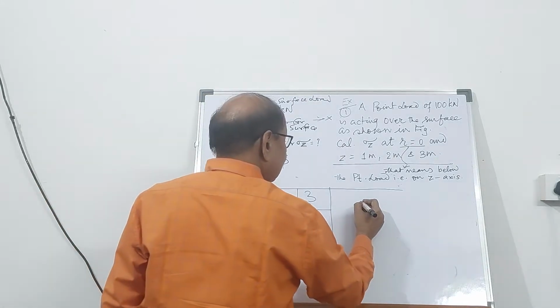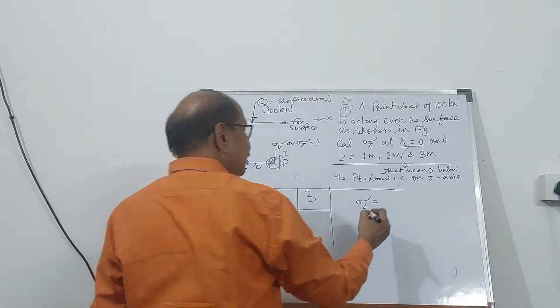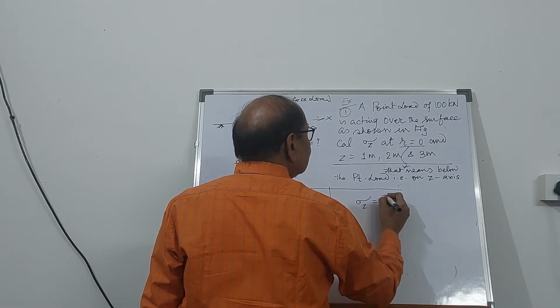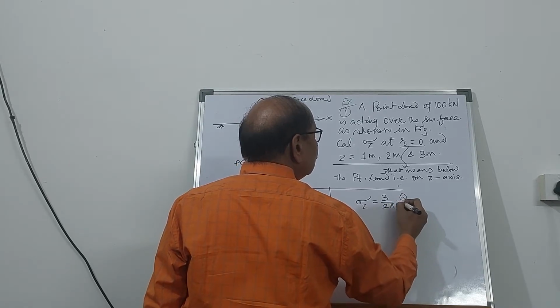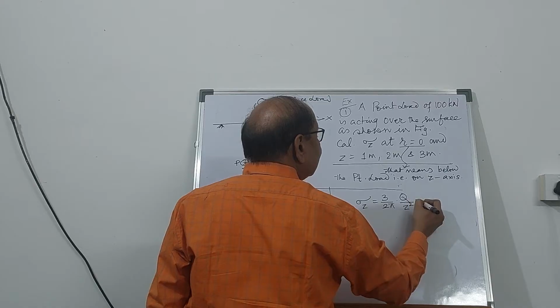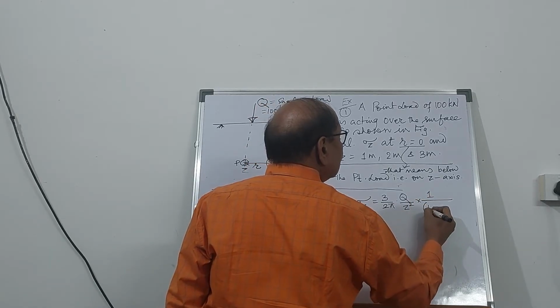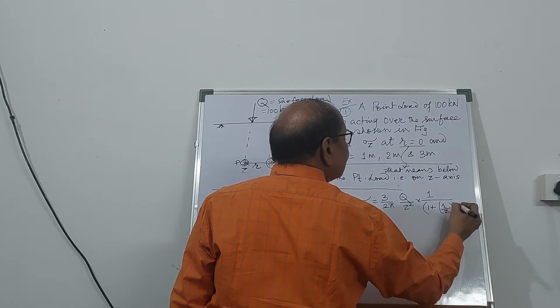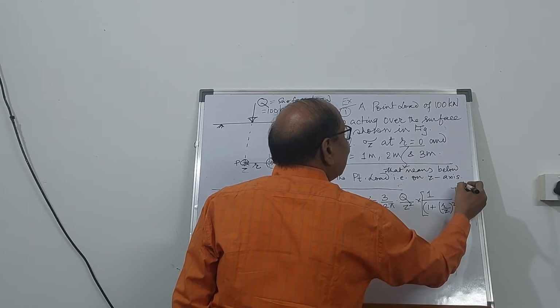And the formula is also known to be sigma Z equal to 3 divided by 2 pi into Q by Z square into 1 upon 1 plus R by Z whole square to the power 5 by 2.